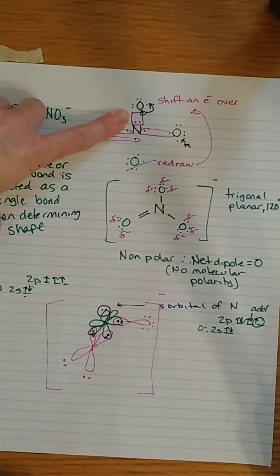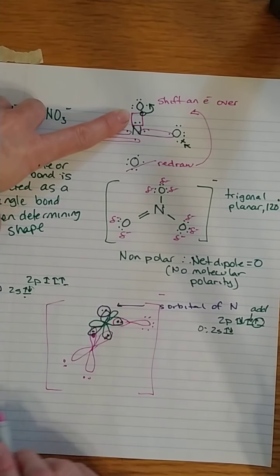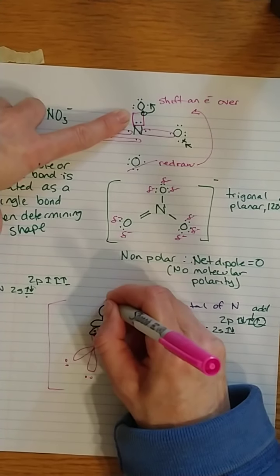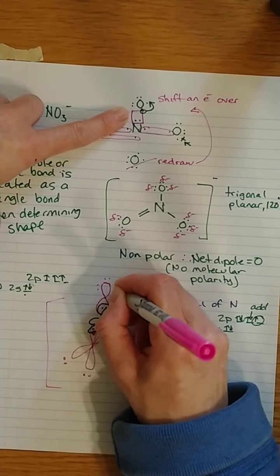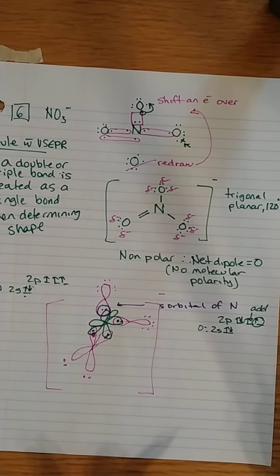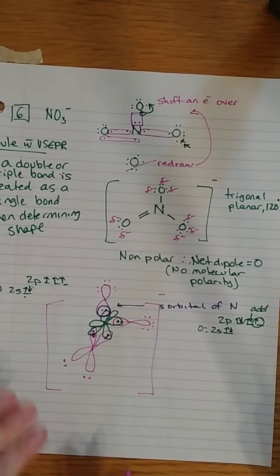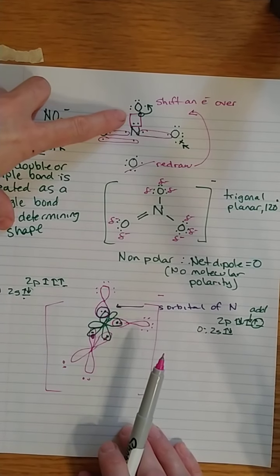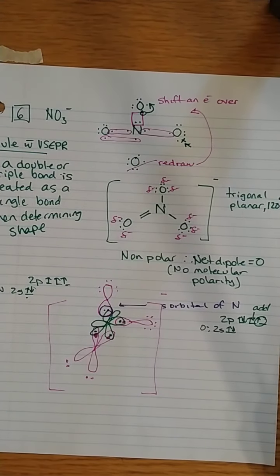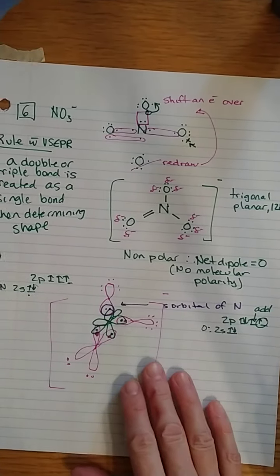This oxygen here, we emptied that p orbital. Remember, we shifted it over, so that p orbital is going to come in empty, and now your valence bond diagram is complete. I didn't put a pink dot in there because we took the electron from the p and shifted it over.